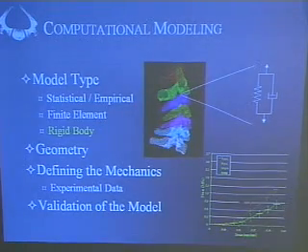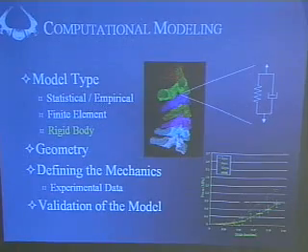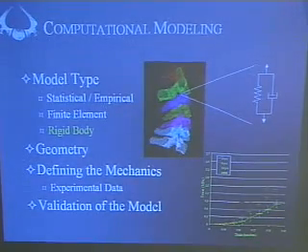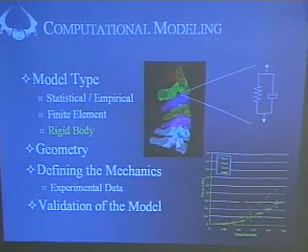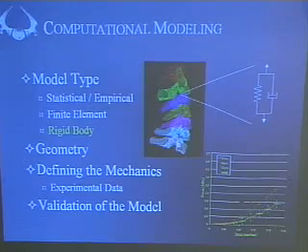In mechanics modeling, there are a number of different models that you could choose: statistical or empirical, finite element, or rigid body models. From our experimental data, we saw that developing vertebral bone is 10 times stiffer than the soft tissues between.